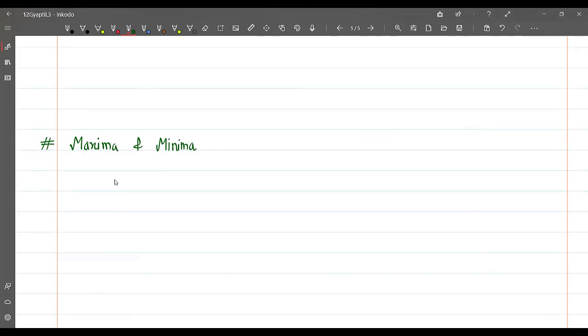Do you know derivative gives the slope of a graph? Yes, sir. Okay, so dy by dx gives the slope of the graph.